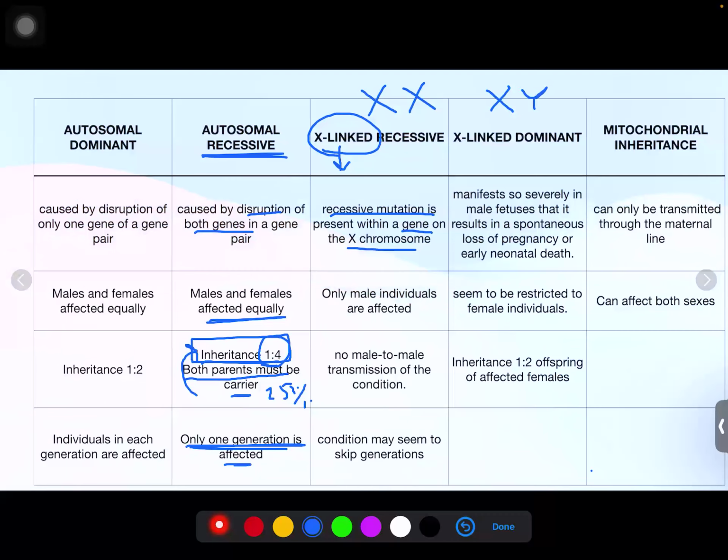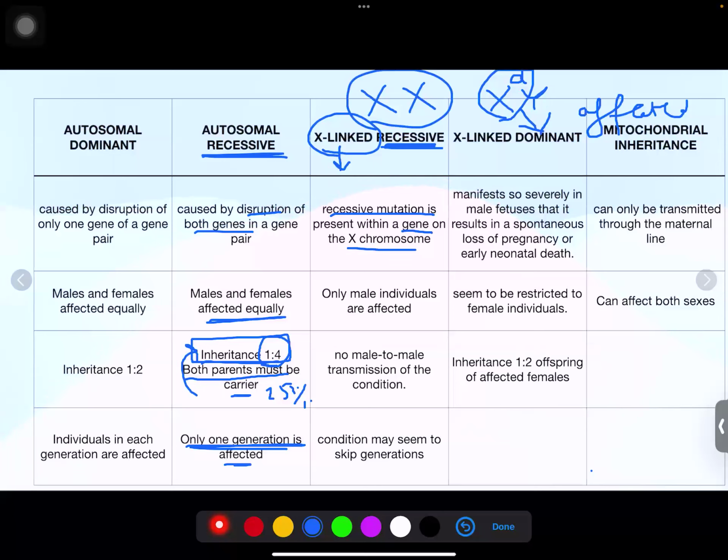So if this recessive gene, small d, is present in a male, only one gene is present and the male will be affected. For the female to be affected, there have to be 2 genes. Otherwise, if there is only one small gene, the female is not affected.